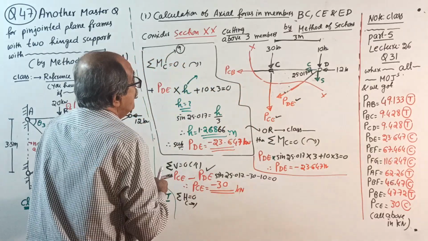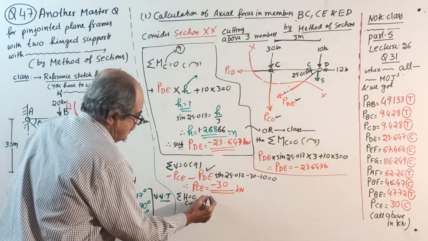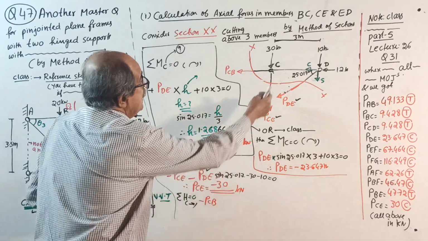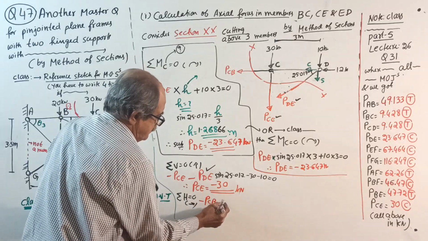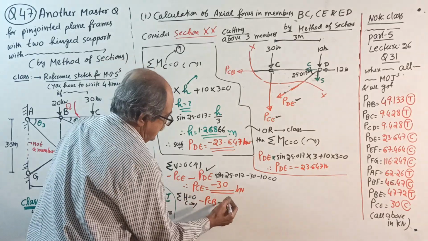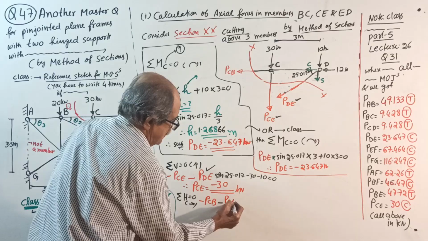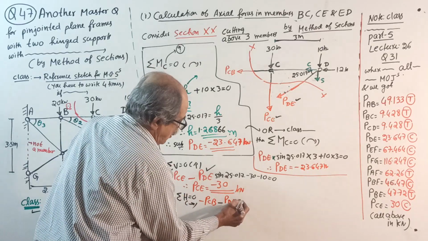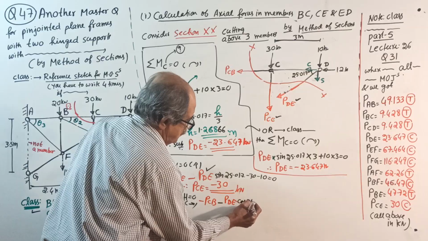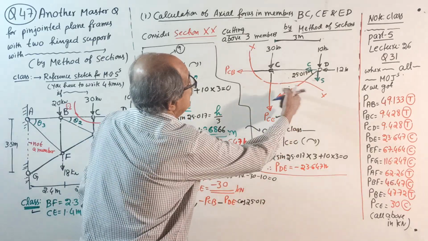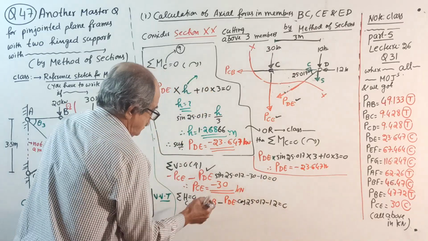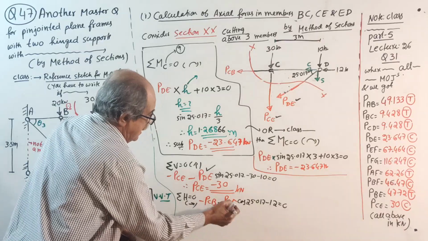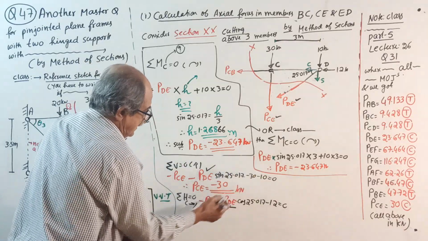Now lastly, minus PCB minus PDE cos 25.017, then minus 12 equal to 0. You know the value of PDE already. See, PDE is already known there.